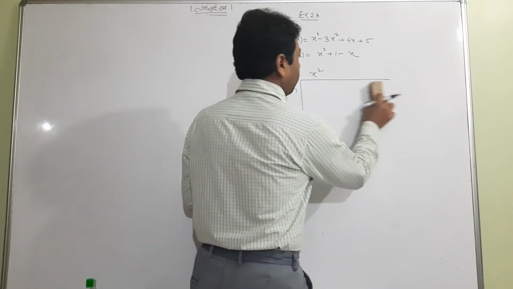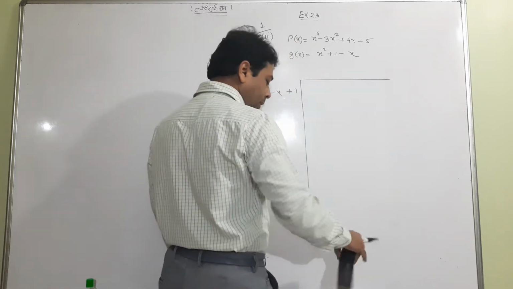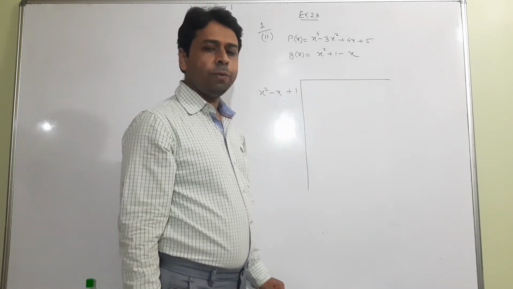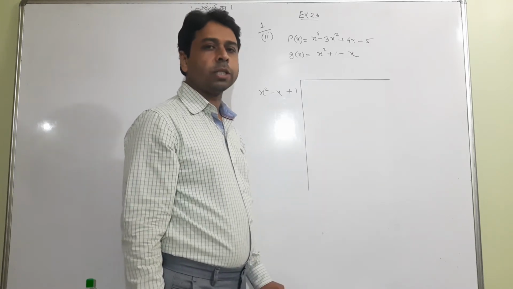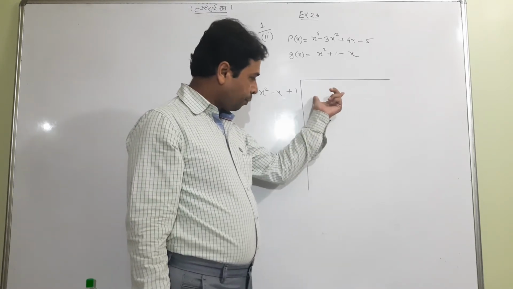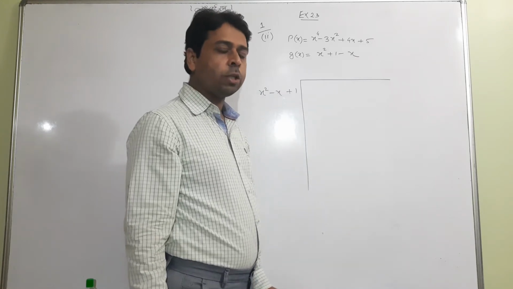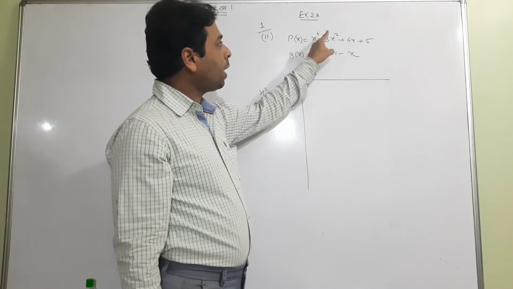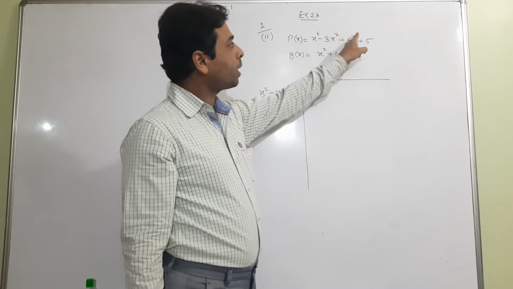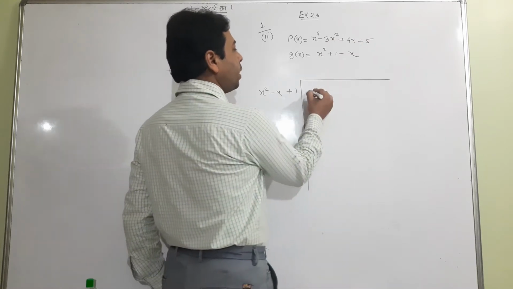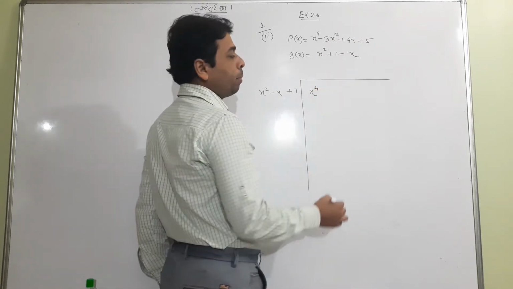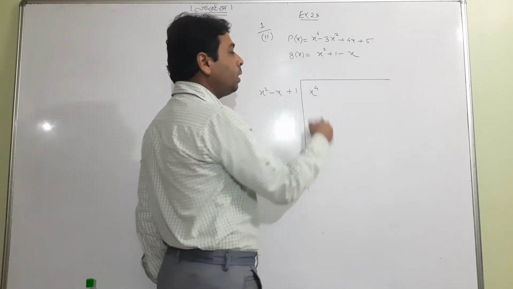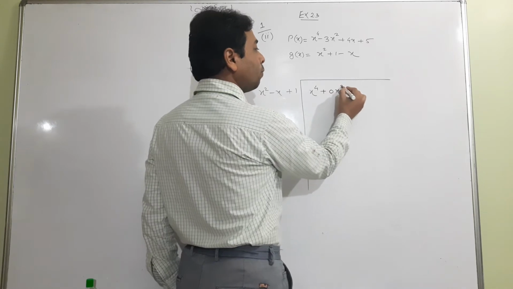Look. Again, I am writing the dividend. It's just for convenience. If you do not write like that, you can still get the answer, but if you write as I am telling you right now, it will be easy. We have x to the power 4 and we don't have x cube, then x square, then x power 1, and then the constant. After x to the power 4 we know that x cube is a proper term which is absent there, so we'll write it ourselves.